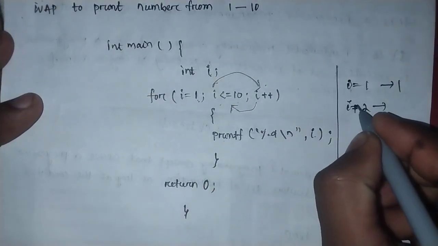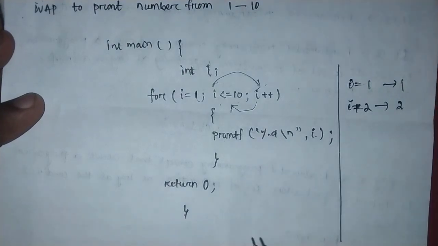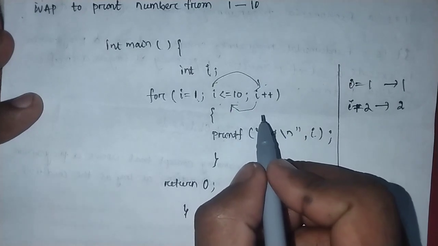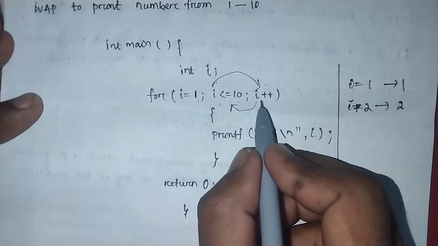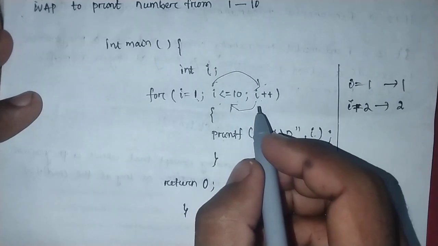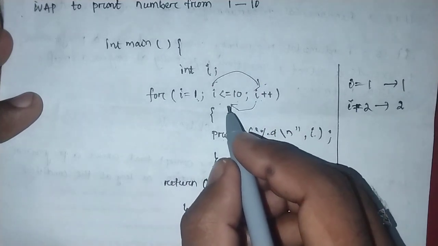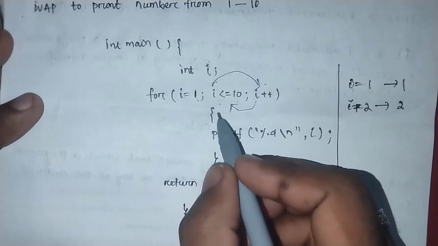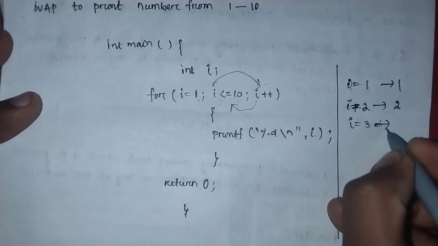The value of i is now 2, so it will print 2. Now the value of i is updated to 3. After that it will be evaluated, is this less than 10? Yes, so it will print 3.